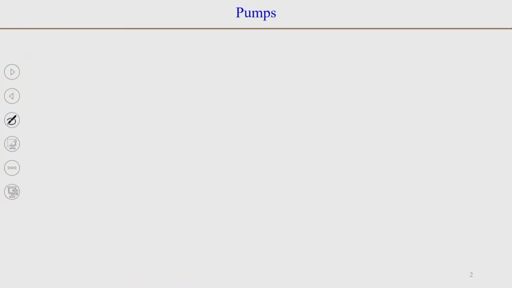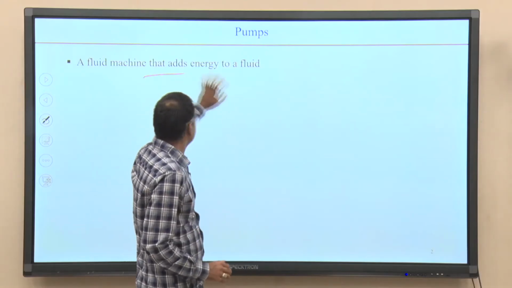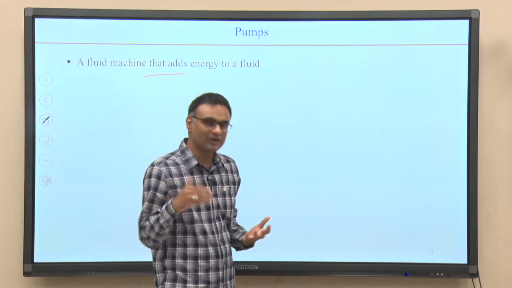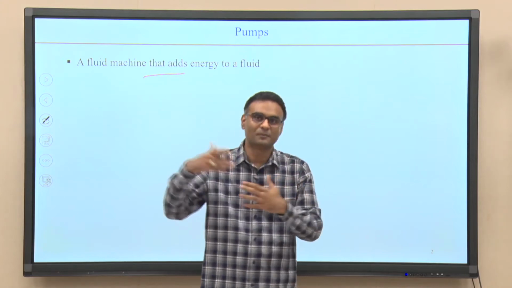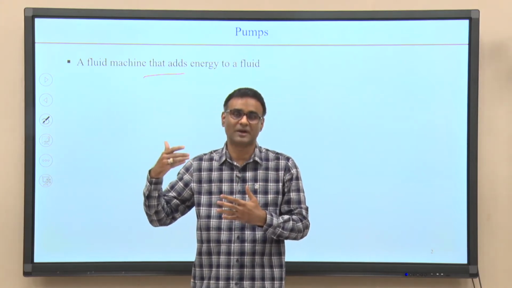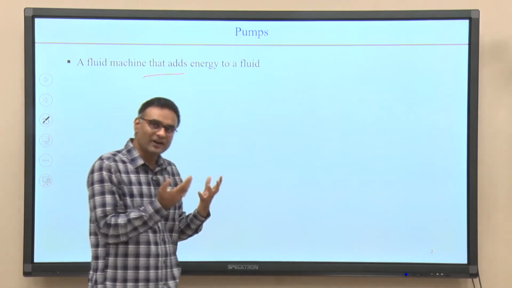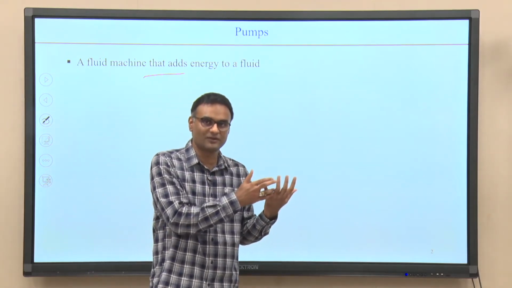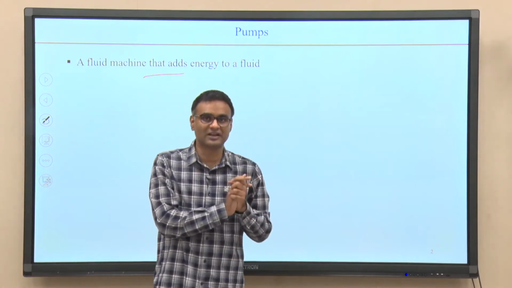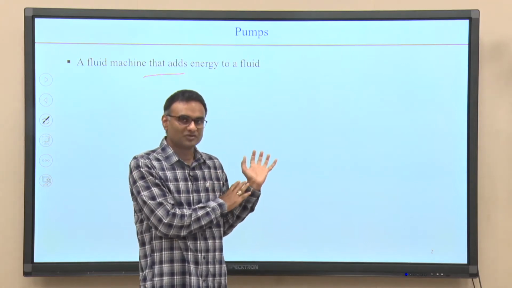So, to start with, a pump is basically a fluid machine that adds energy to a fluid. You have another counterpart of pumps, called a turbine, where useful work can be extracted from the fluid, but we will restrict ourselves to pumps.